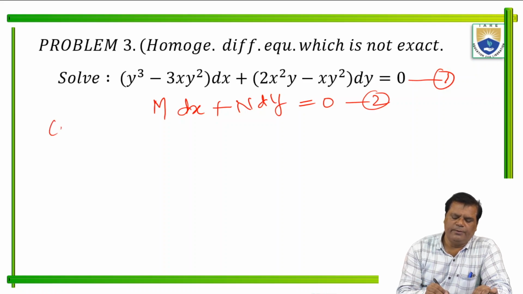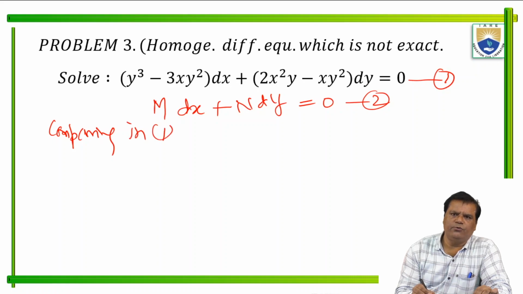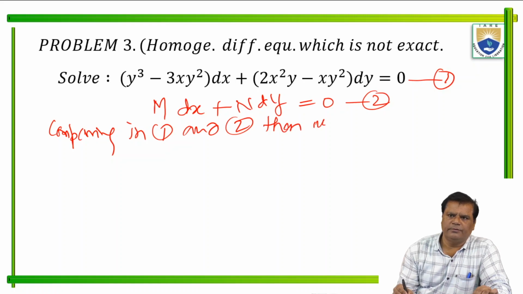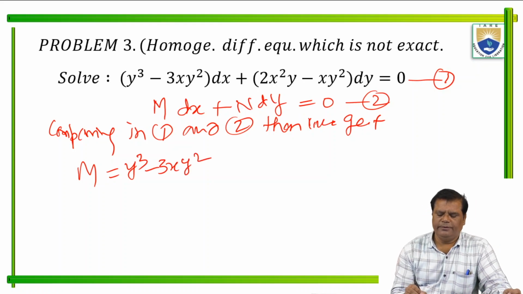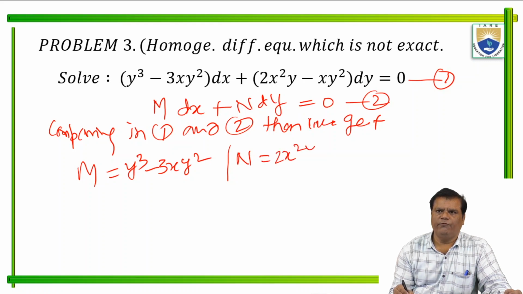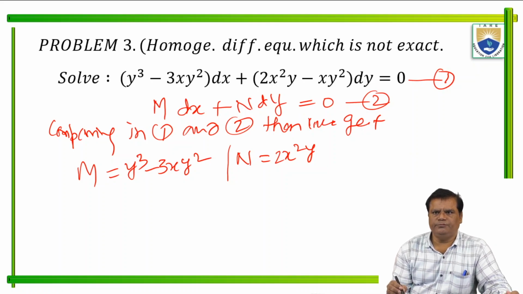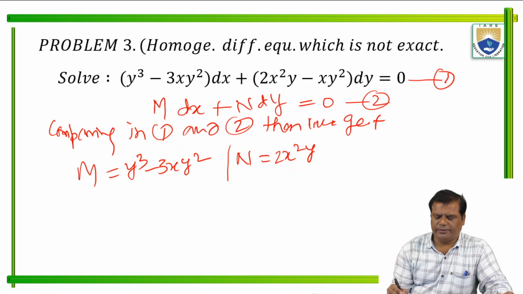Comparing 1 and 2, then we get m equal to y cube minus 3xy square, and n equal to 2x square y minus xy square.